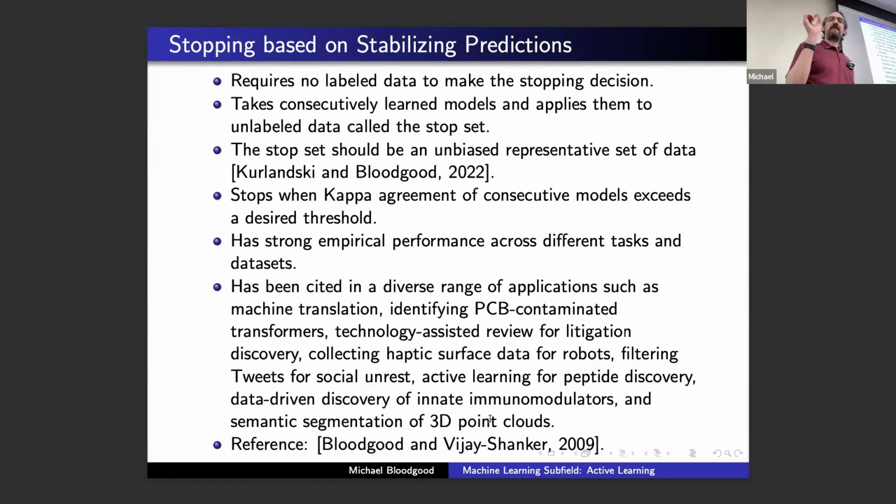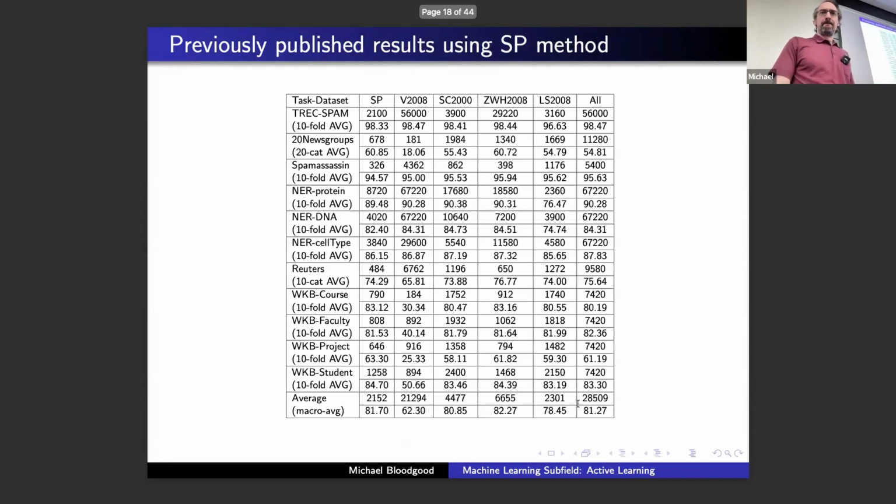So it's been experimentally proven to work well in a lot of settings with different characteristics. And at the end, I'll give you a reference to the original paper where we published it. But here's just a taste, so you can get an idea of how these stopping methods work.